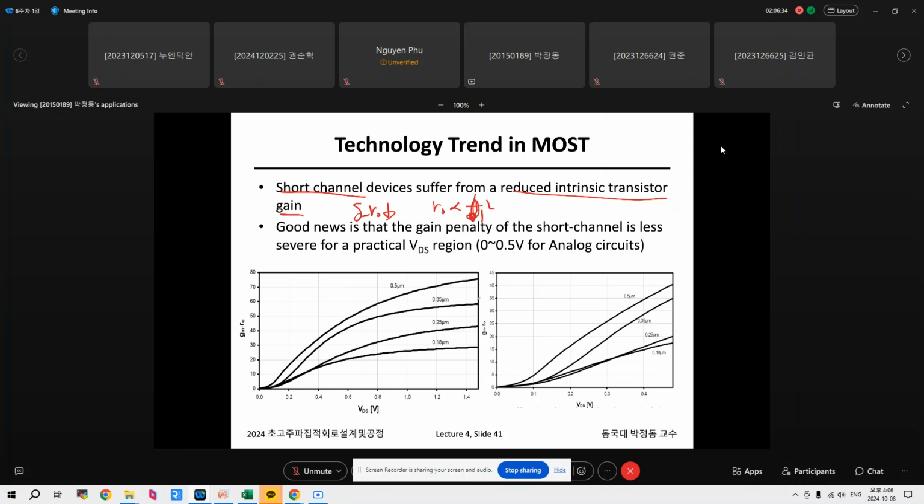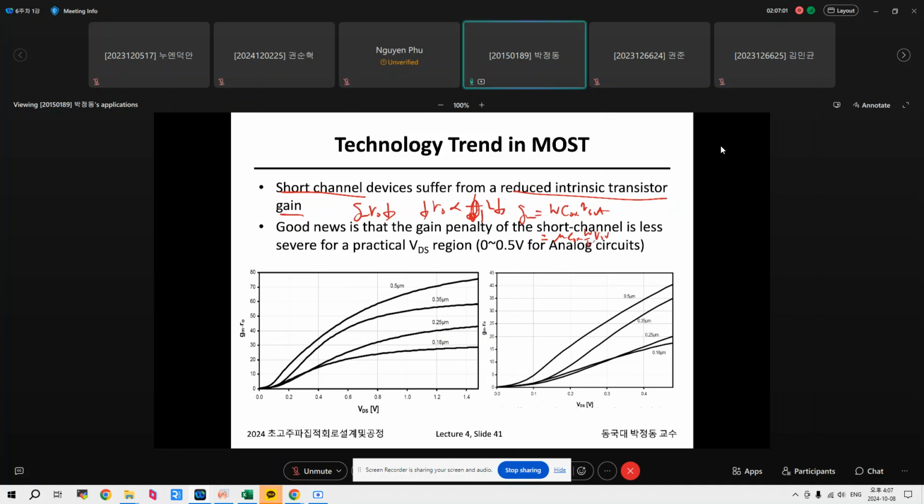Proportional to L. So L reduced, R reduced. Okay. GM, when it comes to GM, it's the same, right? GM is what? GM is mu COX W over L times V overdrive, right?